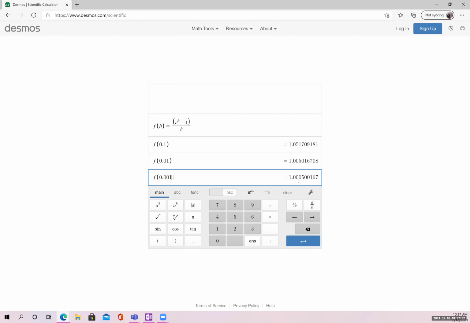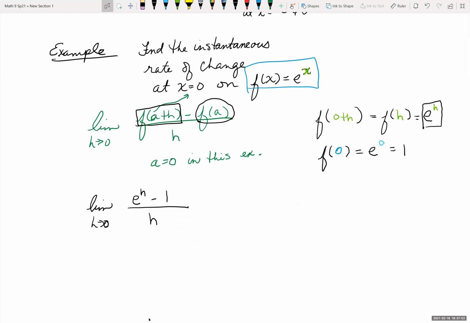And so we can say, and you can get closer, that this is approximately 1.00. And so our instantaneous rate of change is equal to 1.00.